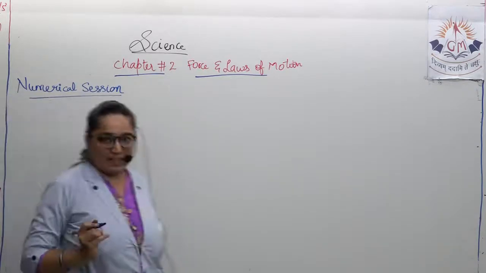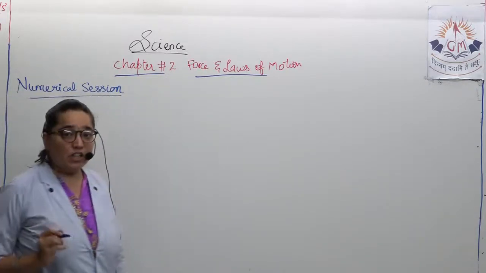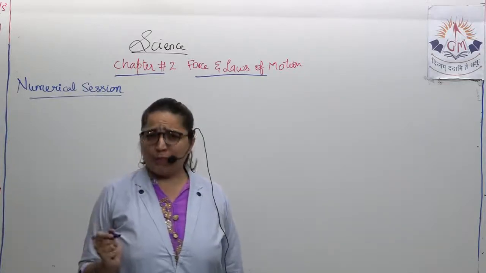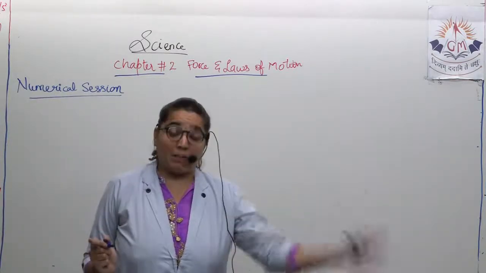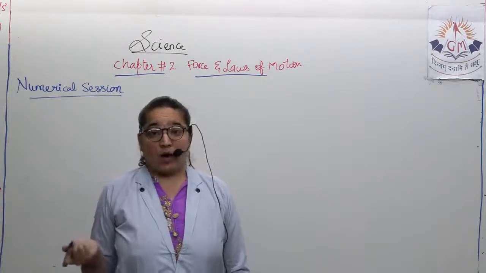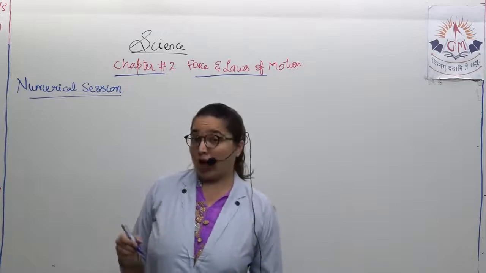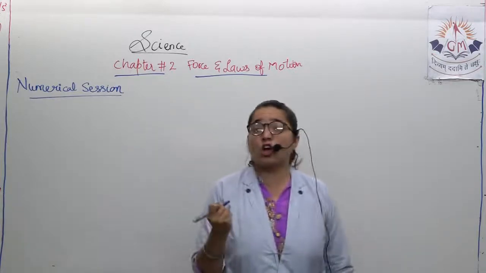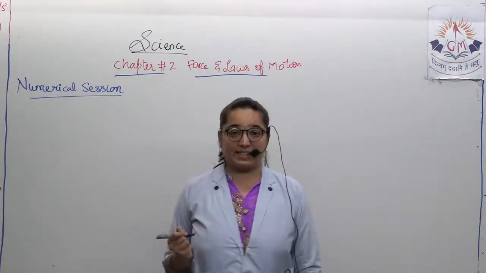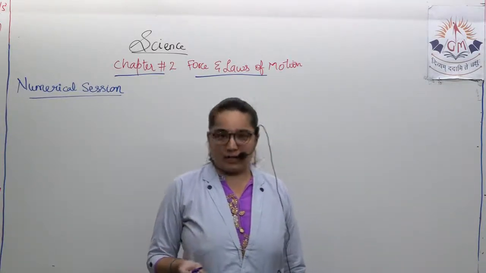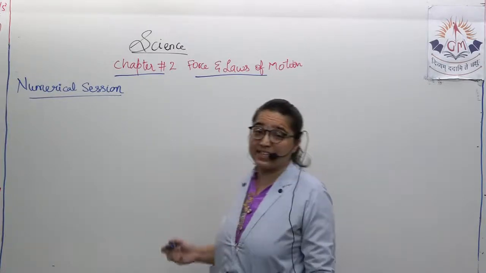In this numerical session, first, as usual, we will discuss the formulas. Do you remember all the formulas of chapter number 1? If you have forgotten, I will revise it, because the numericals that we are going to solve for this lesson also include chapter 1's formulas, because these things are linked.